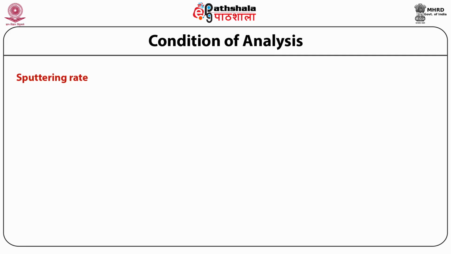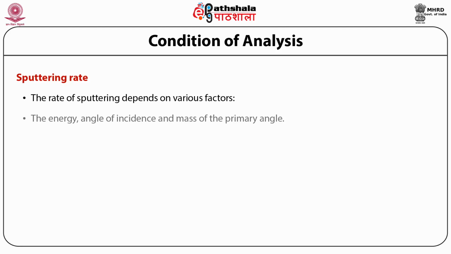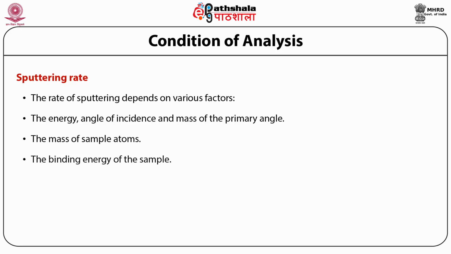Sputtering rate is the rate of sputtering, which depends on various factors: the energy, angle of incidence, the mass of the primary ion, the mass of the sample atoms, the binding energy of the sample, and current density of the beam, which is equivalent to beam current per rastered area.